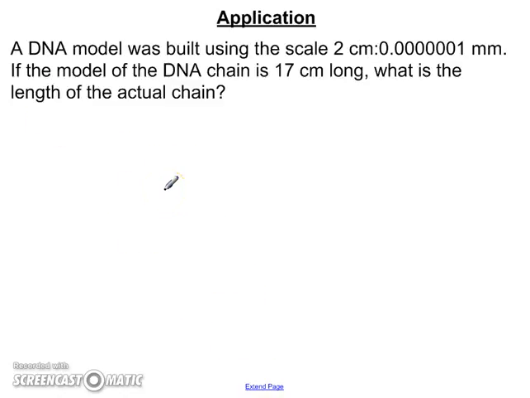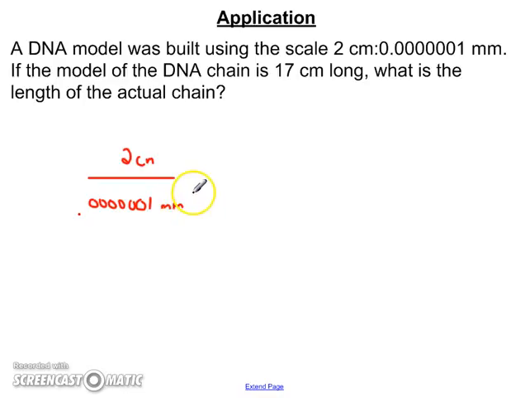All right, let's apply a little bit more. A DNA model was built using a scale of 2 centimeters. Now this one might be a little ugly. Over 0.0000001 millimeters; let's see how many zeros: 1, 2, 3, 4, 5, 6, and then 1. We got tenths, hundredths, thousandths, ten-thousandths, hundred-thousandths, millionths, ten-millionths.